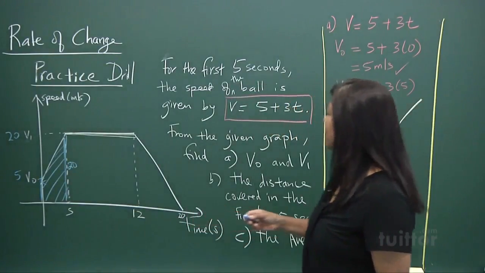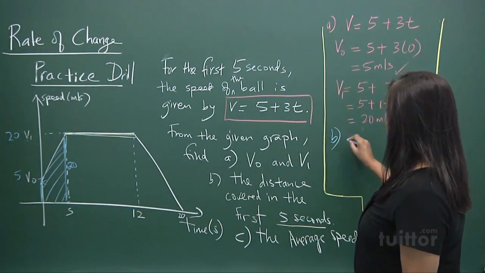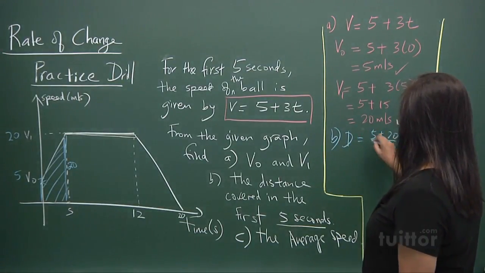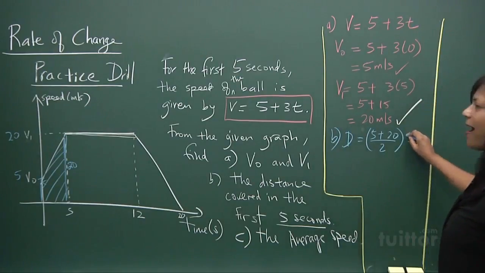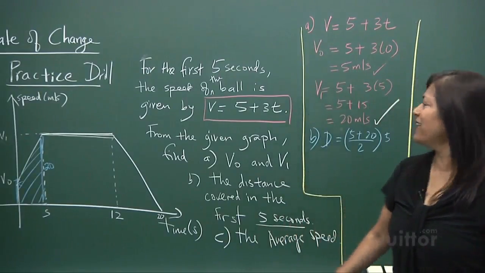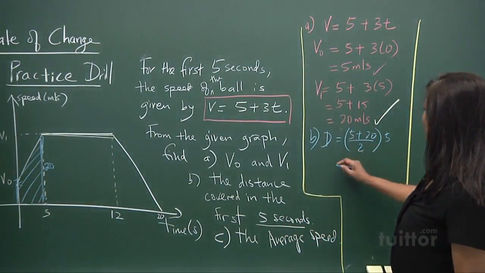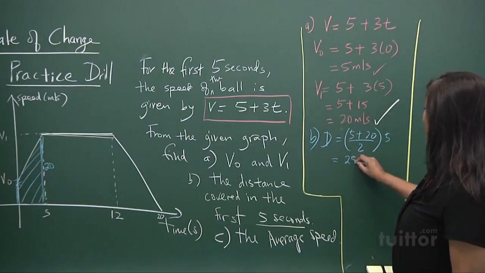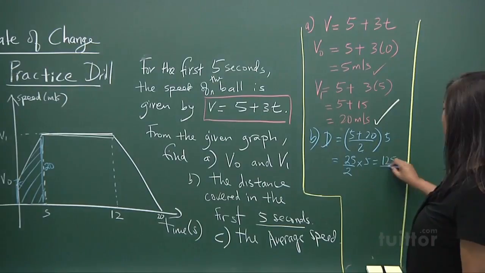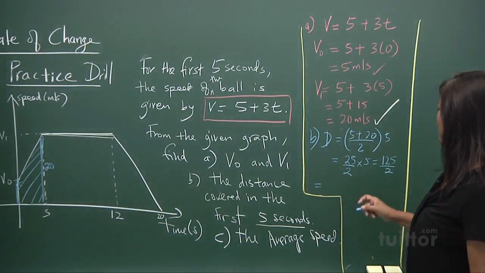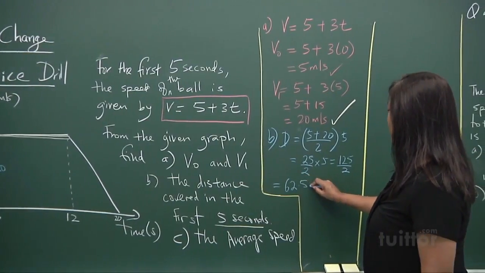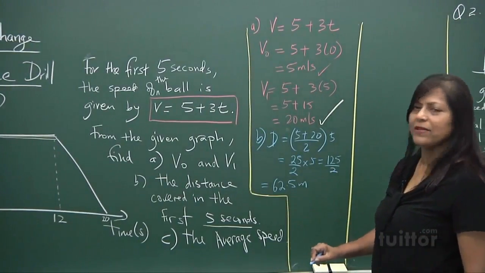So the distance under the graph will be, alright, you find distance, 5 plus 20 divided by 2 times 5. That is the formula for the area of trapezium. Got it? So you got 25 over 2 times 5, which is 125 over 2. And that will give you a distance of 62.5 meters. That's the distance covered.